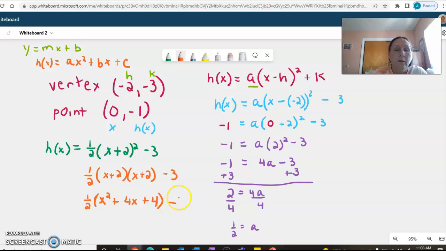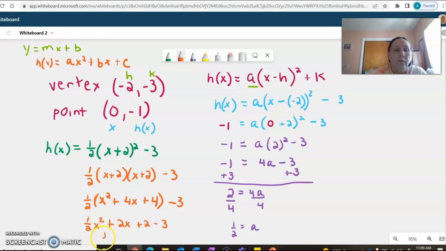Minus 3. Okay, so we've got this far, but we're still not quite there. What we're going to do now is multiply this times the parentheses. So it's going to be 1/2 x squared plus 2x plus 2 minus 3.